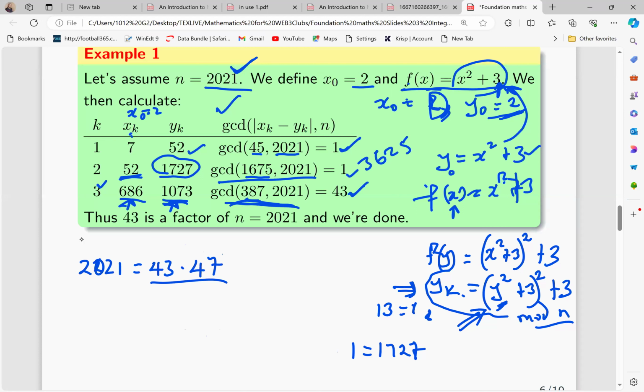What I'm sure of is that this 43 is a prime number. I don't know about this. If it's a big number, you need to test whether it's a prime number. But what we are doing here, the GCD here will be a prime number, but this one sometimes may not be prime.